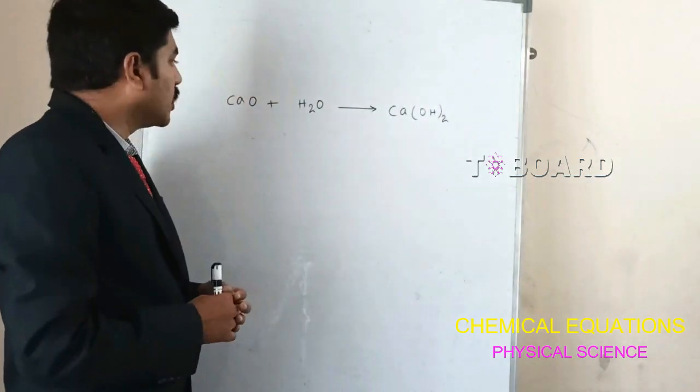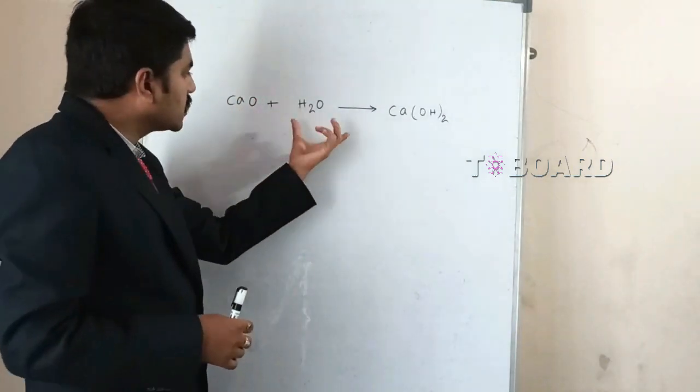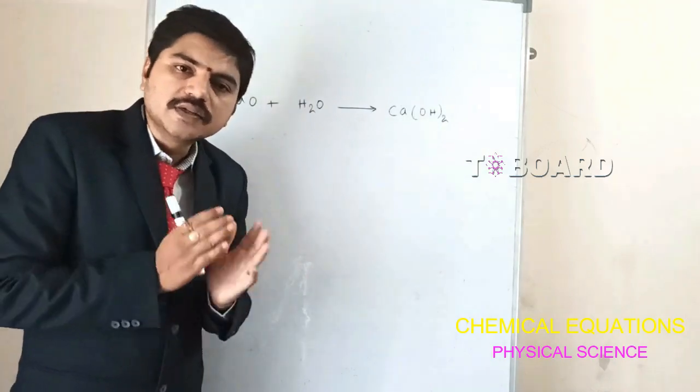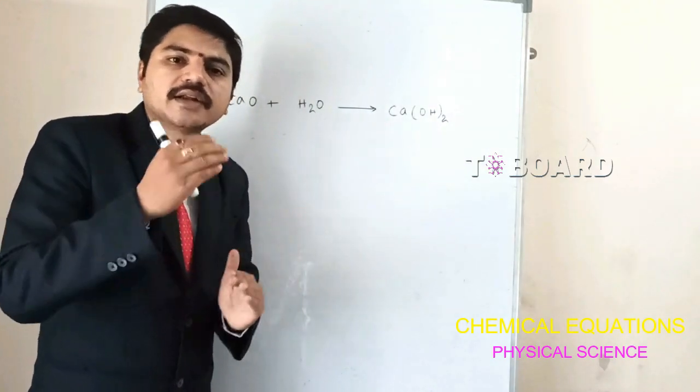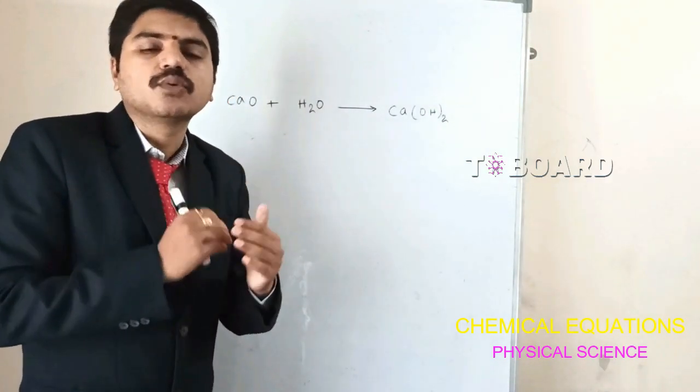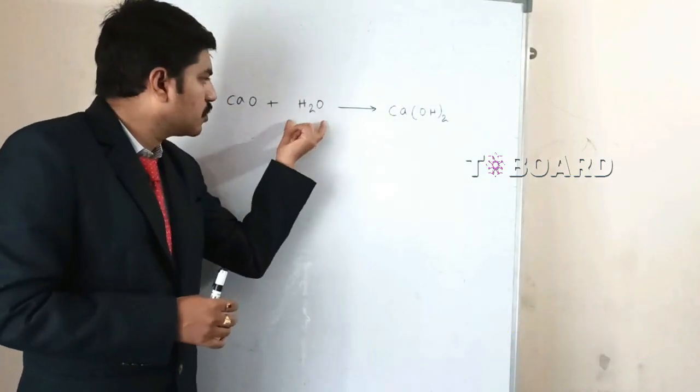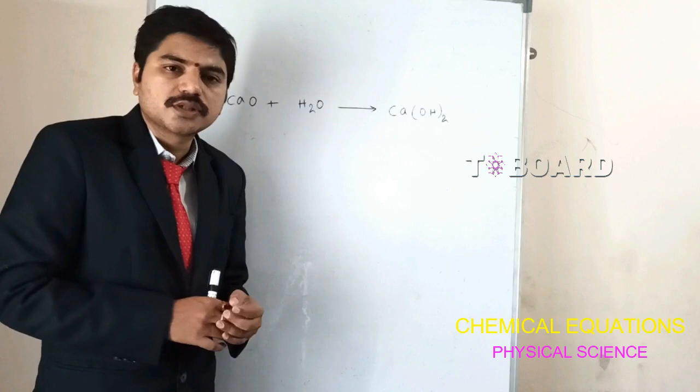This is called a skeleton equation, whether it is balanced or not. Balancing means the left side and right side values are equal, and only then is it a balanced equation. Next we are going to discuss balancing equations.